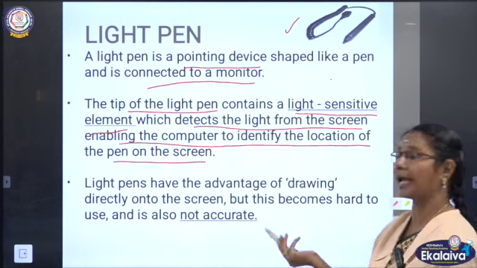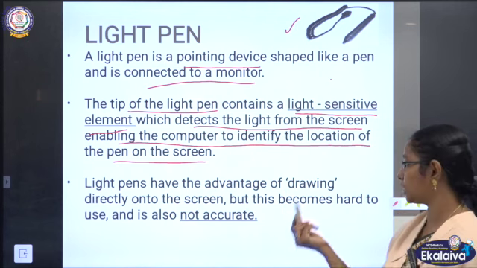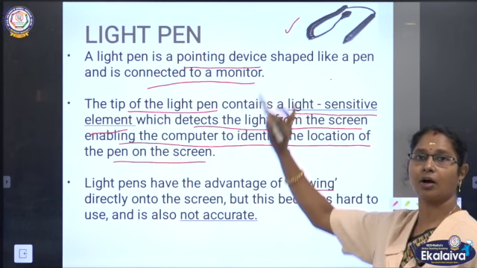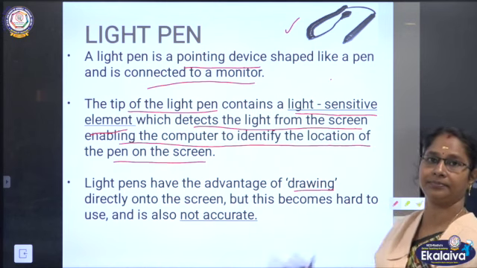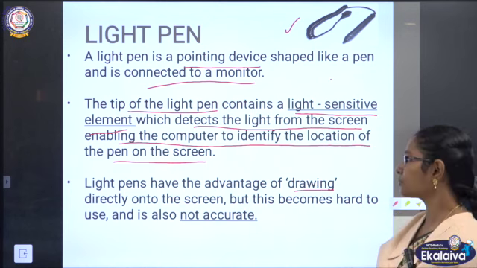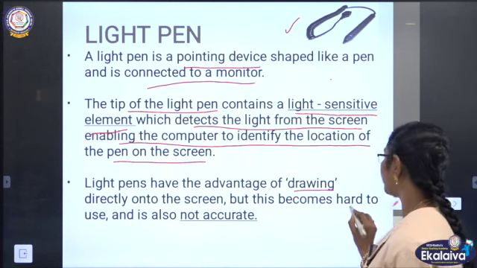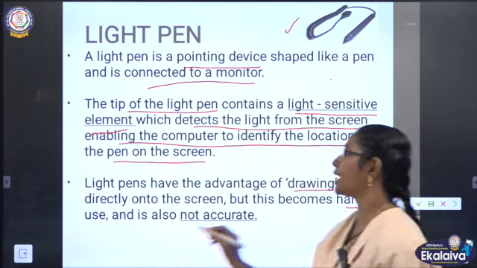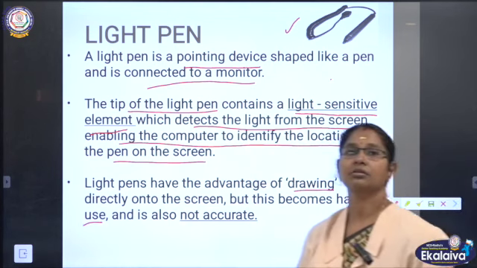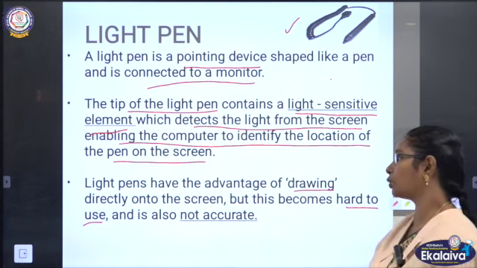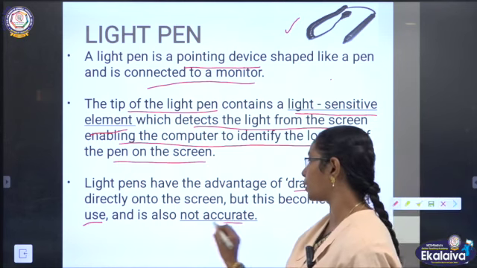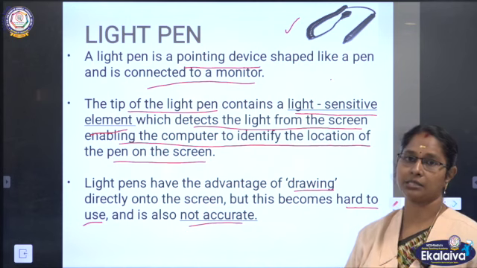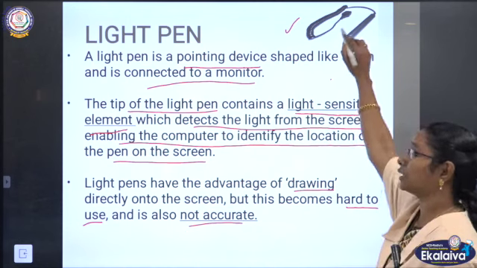Light pens have the advantage that we can easily draw directly on the screen. But we have a disadvantage: it is hard to use, and it does not provide an accurate result. This is the main disadvantage of the light pen.